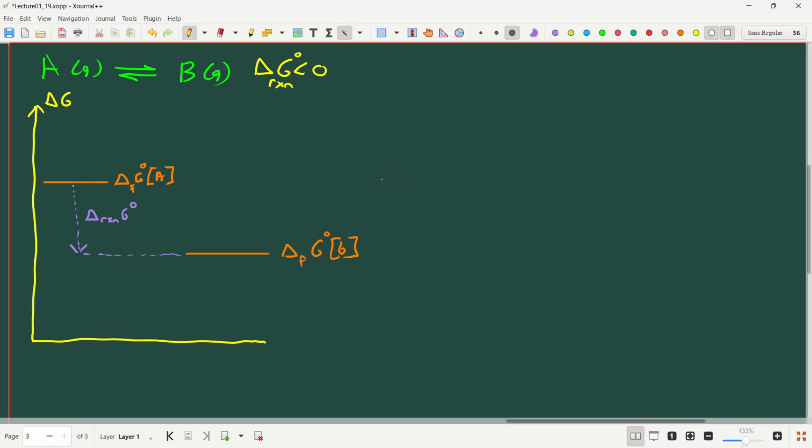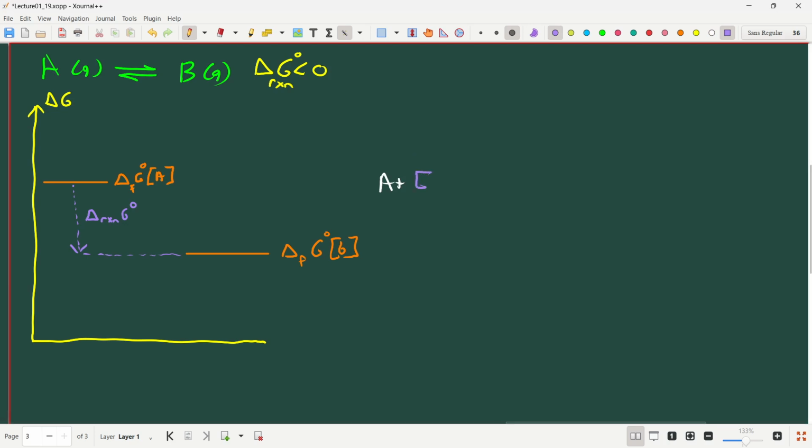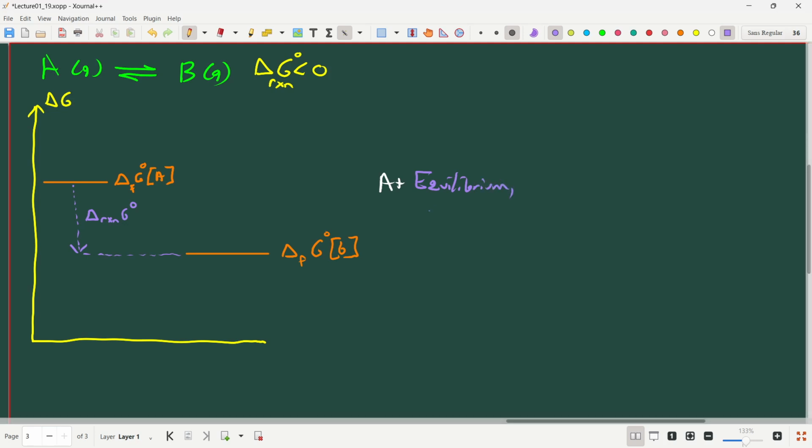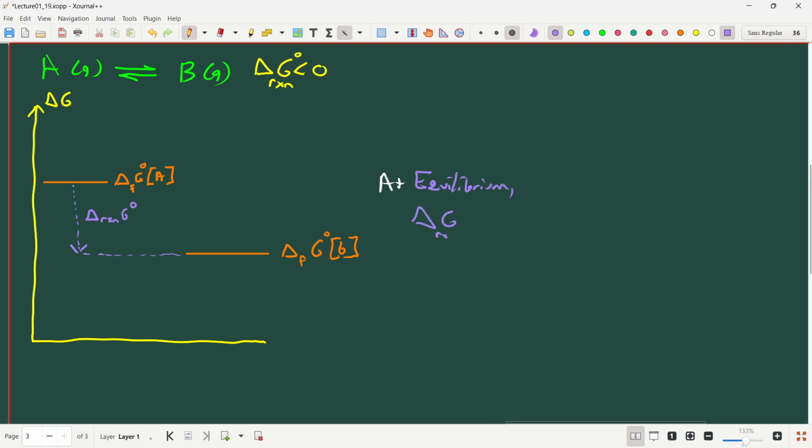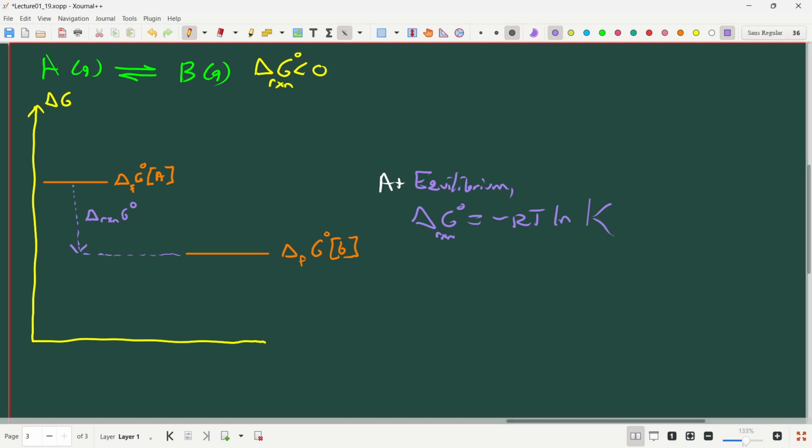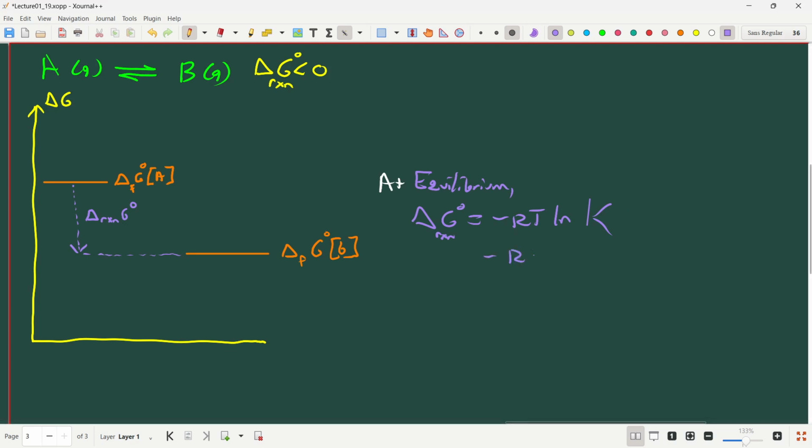And we have that at equilibrium, delta G of reaction is minus RT ln K. Remember that K here we can write, for instance, as the concentration or the number of A divided by the number of B, if you will.